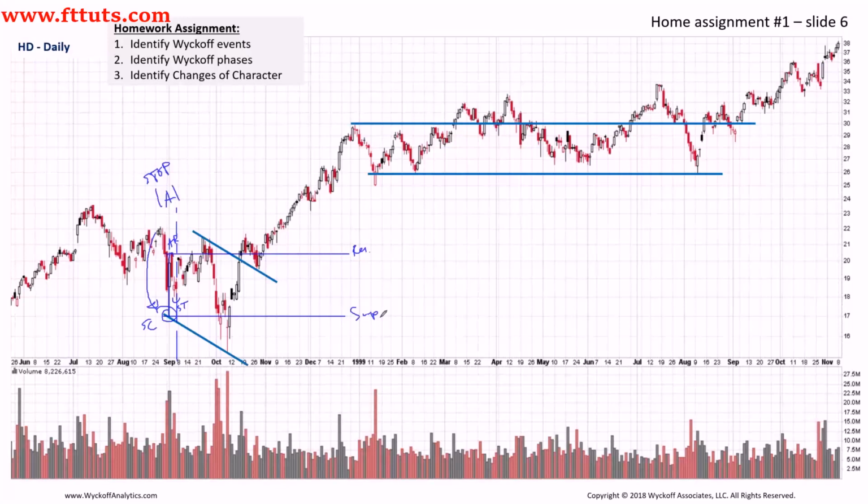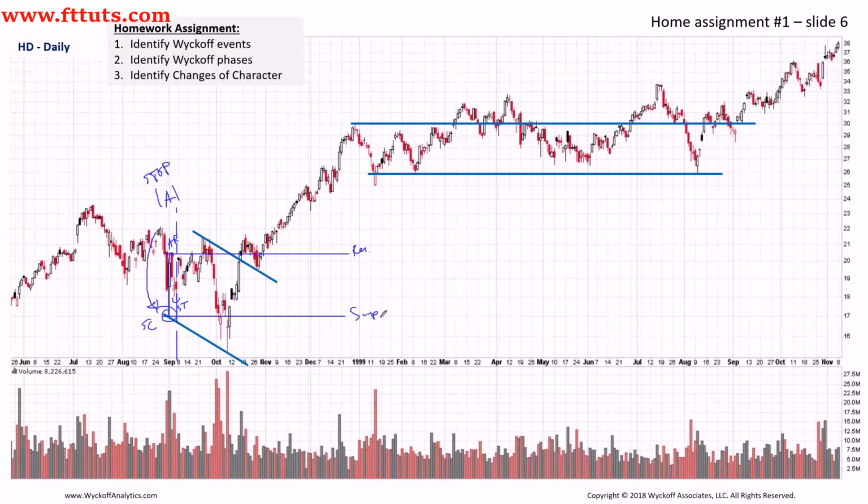Well, initially, always put the horizontal boundaries first for the range. This is where the majority of the time the price would spend. And then once you start seeing lower lows or higher highs, that's when you could go in and establish more of the downsloping environment.